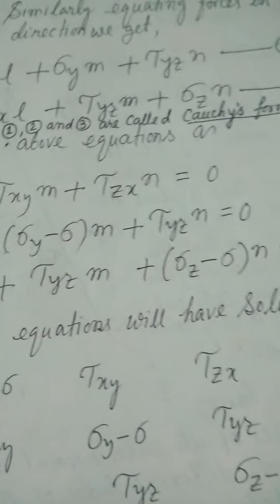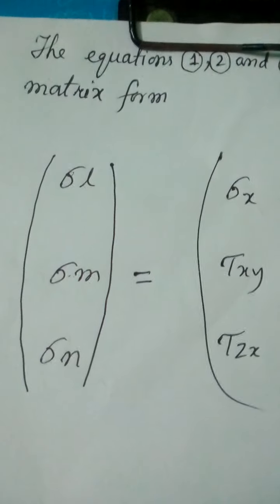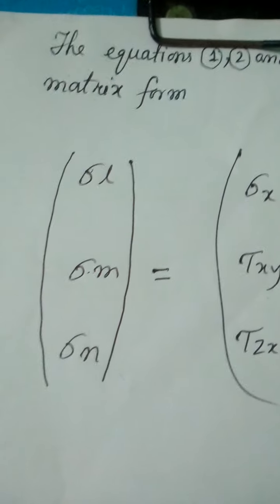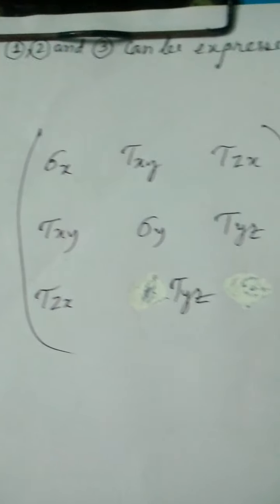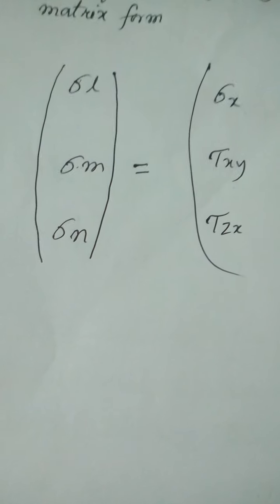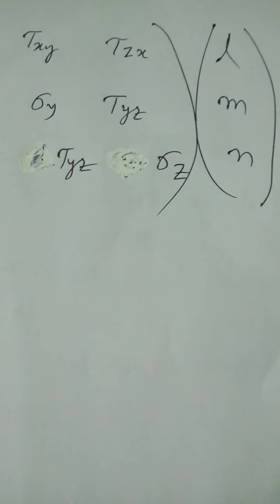Now this equation can be expressed in matrix form. These equations 1, 2, 3 can be expressed in matrix form. What does it mean? What are the implications of this matrix?